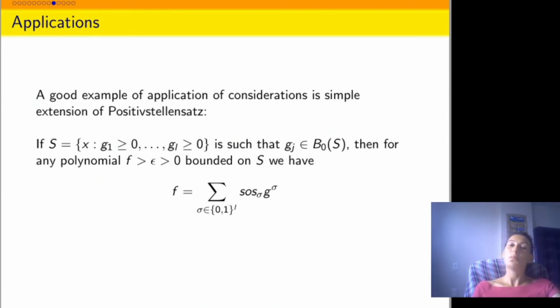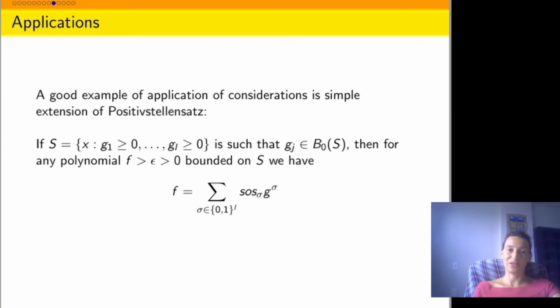Then any polynomial which is strictly positive on S, separate from 0, meaning it doesn't have asymptotic values equal 0, for that, we need another condition, unfortunately, has a representation by sums of squares and powers of g.